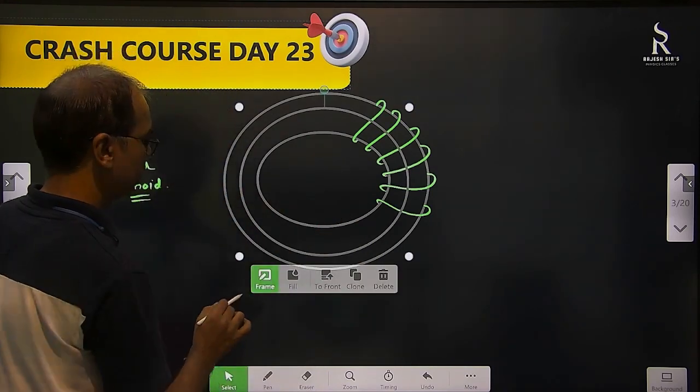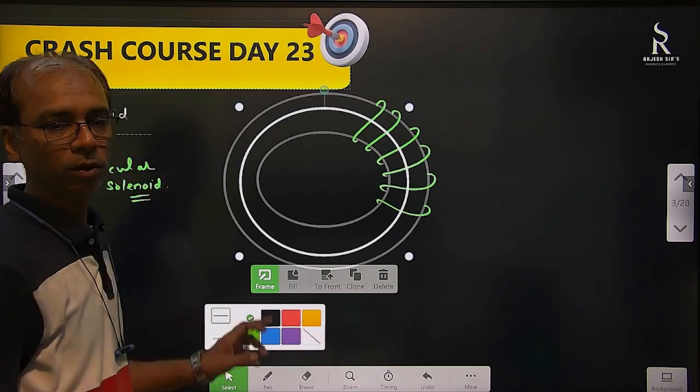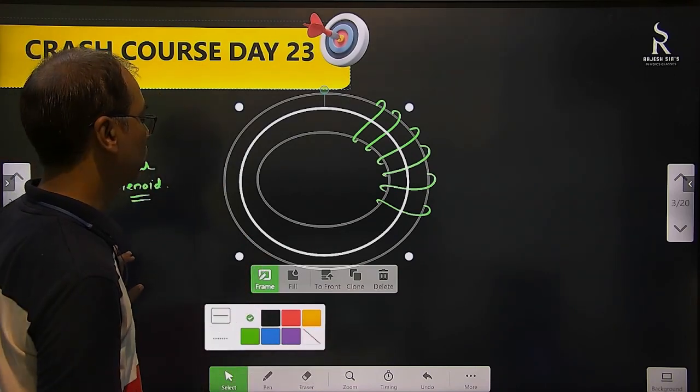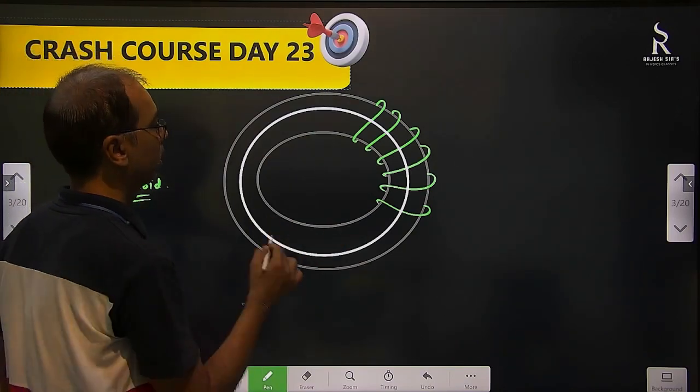So the magnetic field that we are going to get will be along the axis only here.